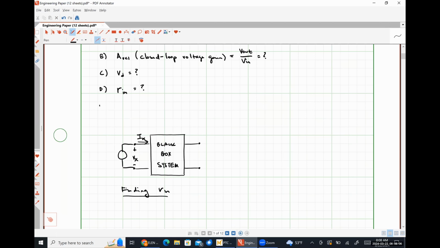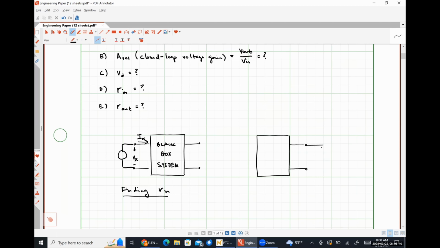And then I also want us to find the output resistance of the system, where, doing something similar to the input resistance, we might apply our excitation source to the outputs of the system.